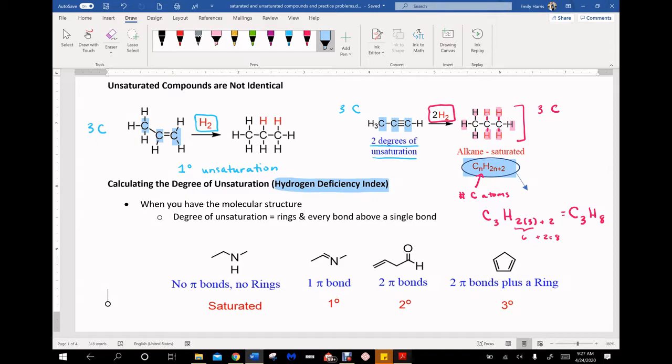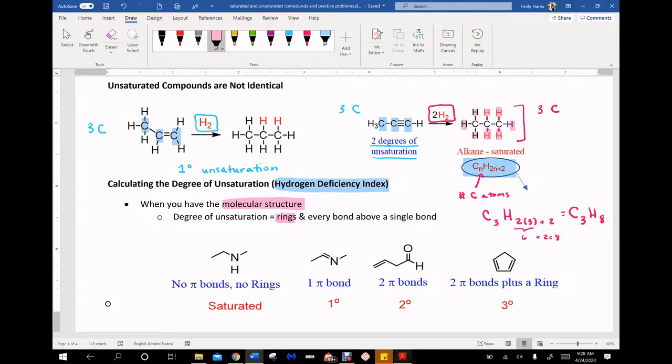The way you calculate the degree of unsaturation depends on what information you're given. If you have the molecular structure, you can simply look at it with your eyes and count the degrees of unsaturation. Essentially what generates a degree of unsaturation is a ring and any bond that's above a single bond, like a double or a triple bond, okay?